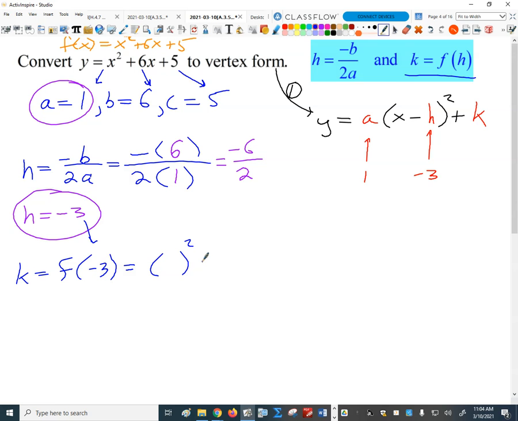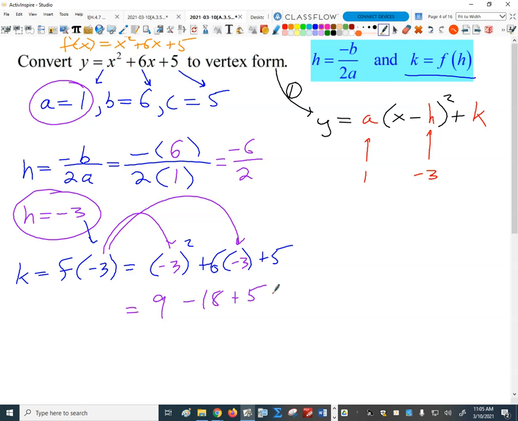So x is being squared, I'm multiplying the x times 6, and I'm adding 5. So what do we get? Negative 3 squared is 9. 6 times negative 3 gives us a minus 18 plus 5. And if I add all that stuff up, I'm going to get negative 9 plus 5 is what? Negative 4. So k equals negative 4.